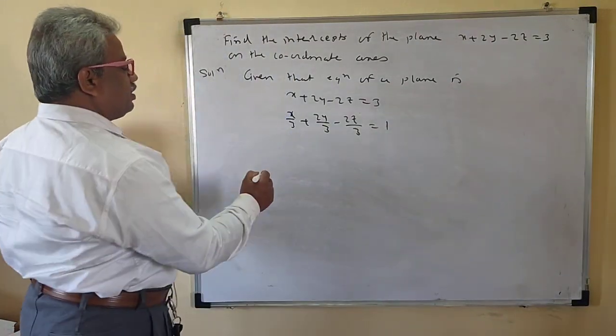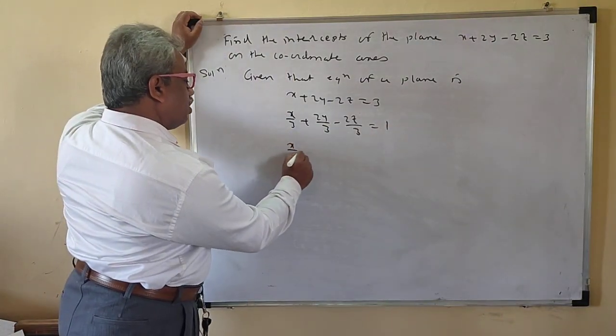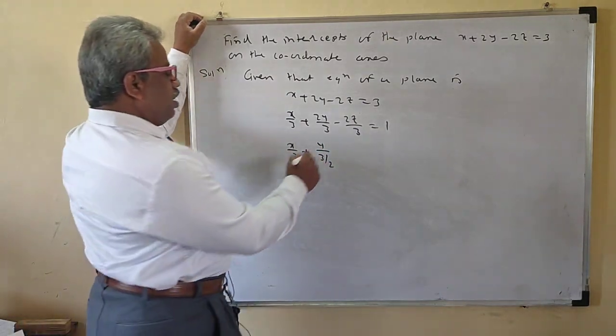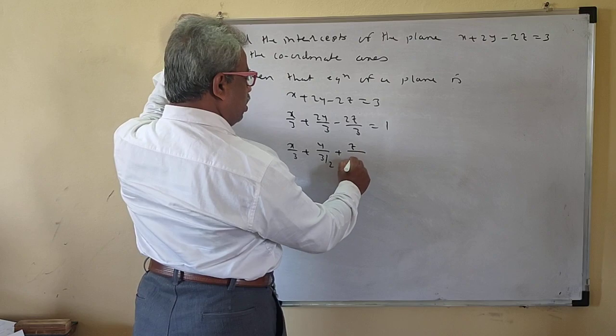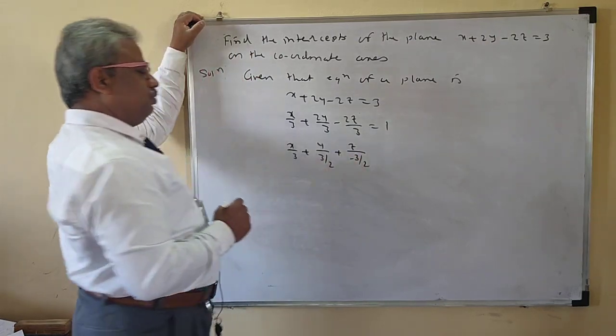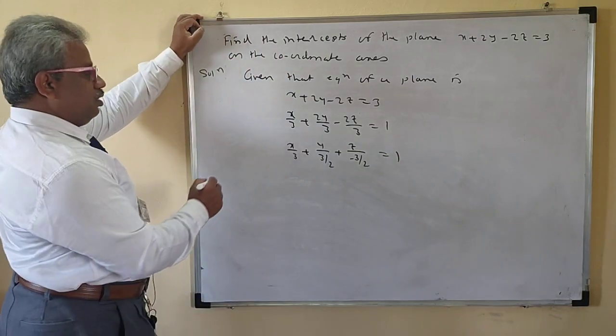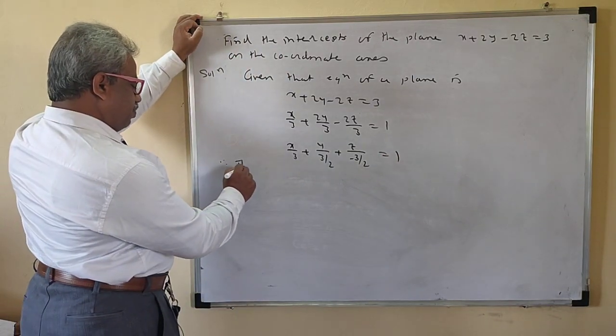I can write this equation in the form x upon 3 plus y upon 3 by 2 plus z upon minus 3 by 2 is equal to 1 now.